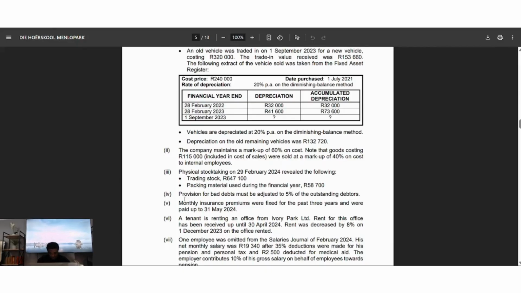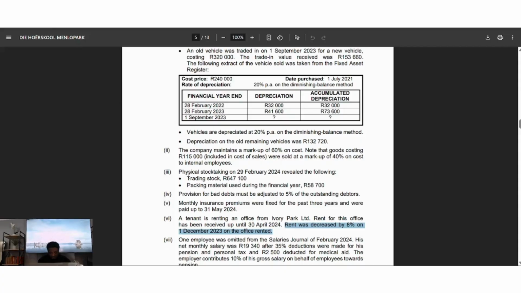All right, there is information VI, so that's number 6. A tenant is renting an office from Ivory Park Limited. Rent for this office has been received up until 30th of April 2024, and then the rent was decreased by 8% on 1 December on the office that was rented. Okay, cool. So we've basically received rent for 2 months more than we were supposed to.